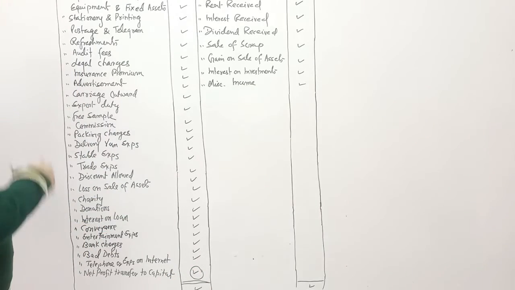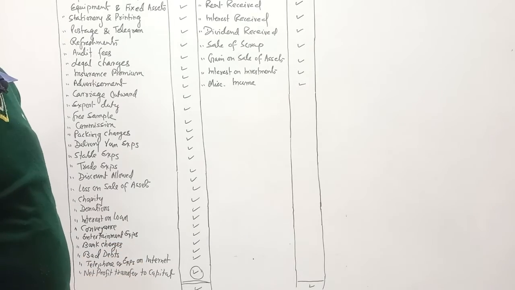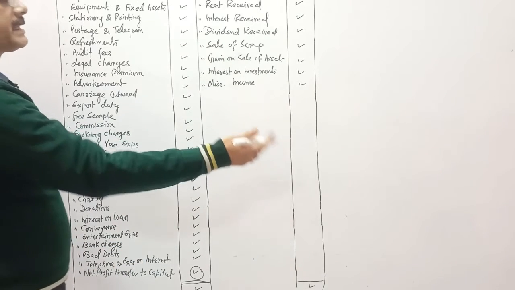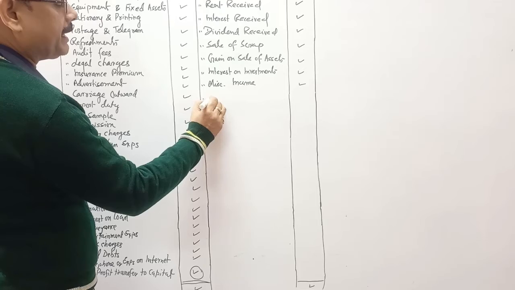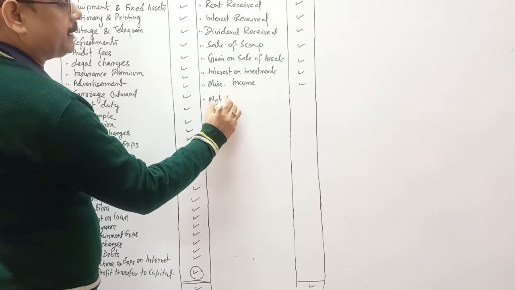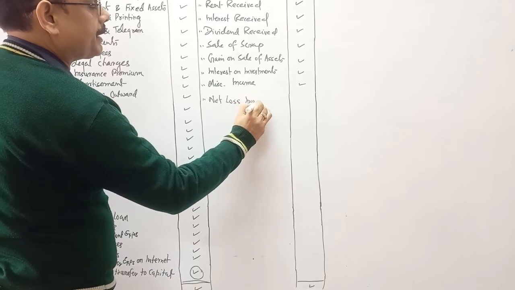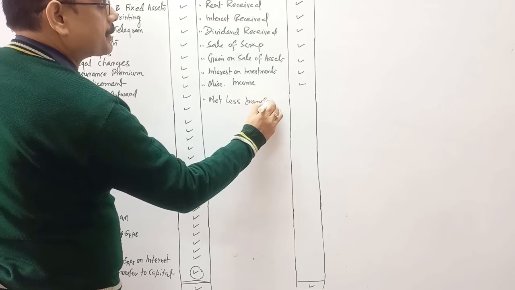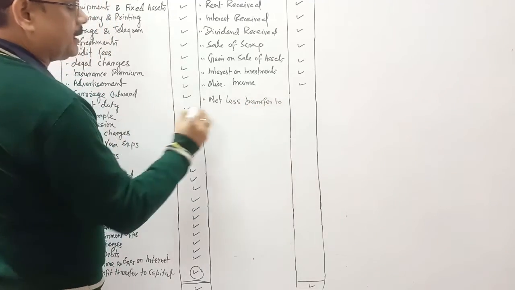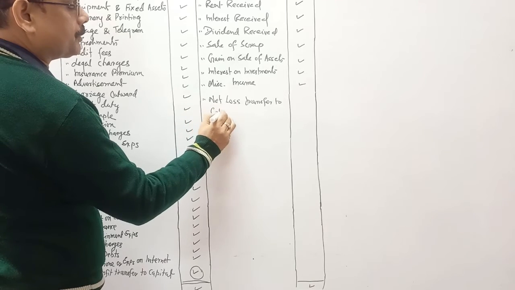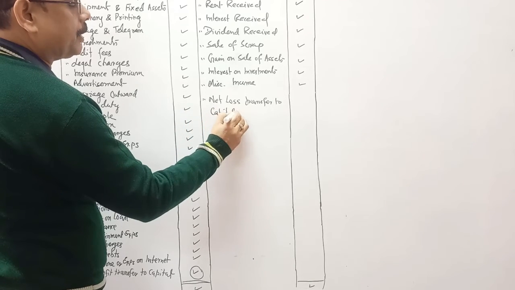If the debit side total is more and the credit side total is less, then the difference will be net loss, and this will also be transferred to capital account.